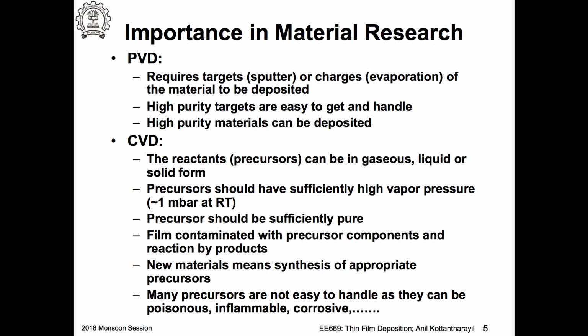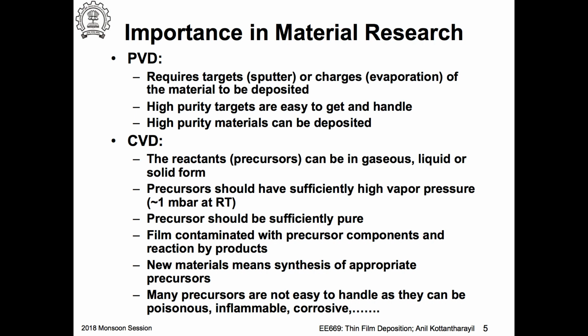What it requires is you need a target, okay, for sputtering or charges for evaporation. So essentially pieces of the material. This would actually be a plate. Okay, so you need a larger dimension, typically larger than the substrate on which you are depositing.